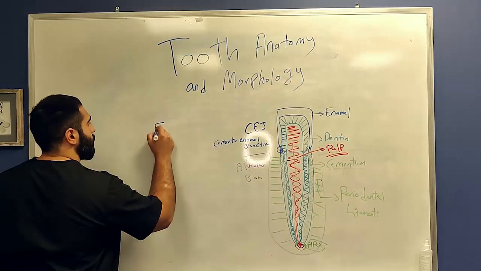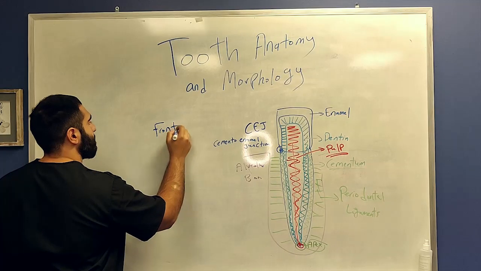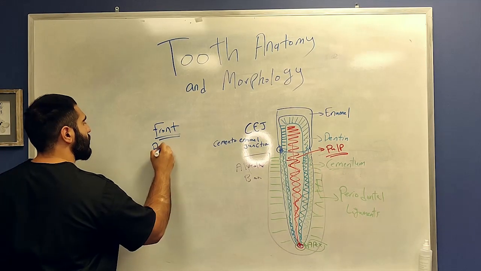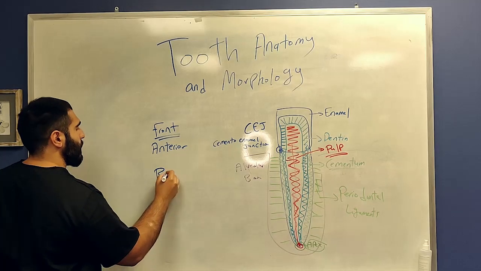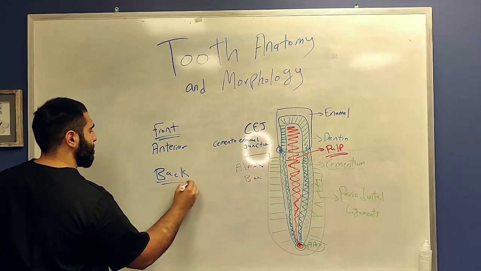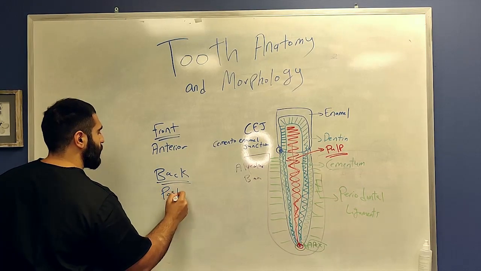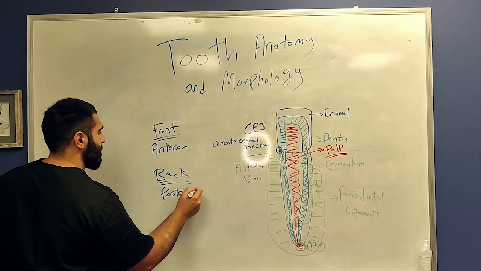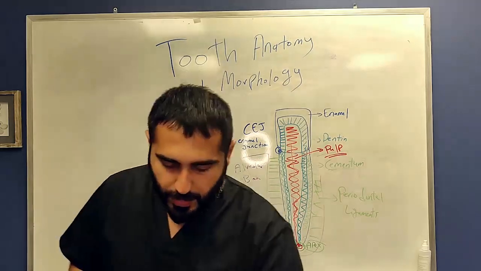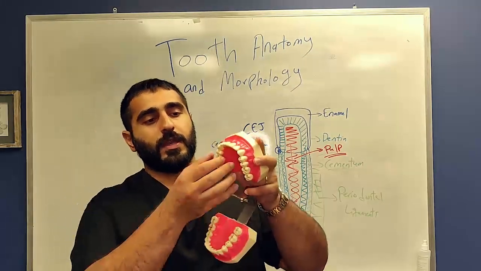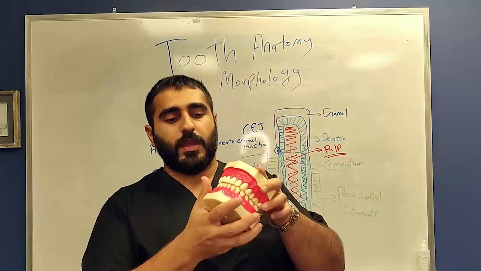So here I'm going to write front being anterior and back being posterior. Okay? So again, we have the anterior teeth and posterior teeth.